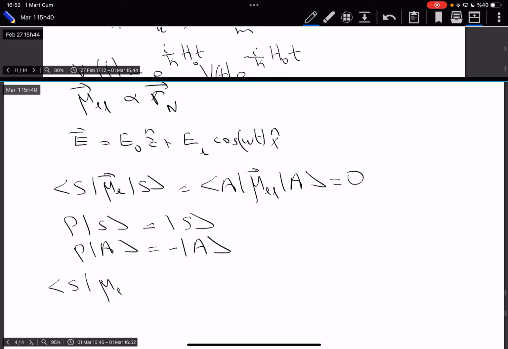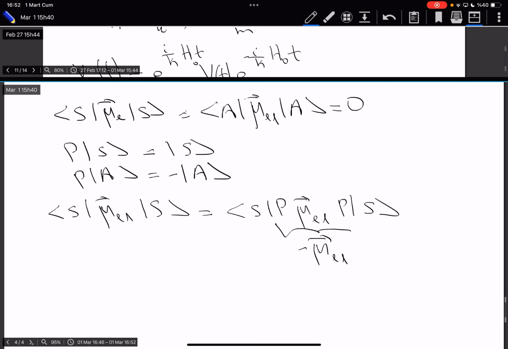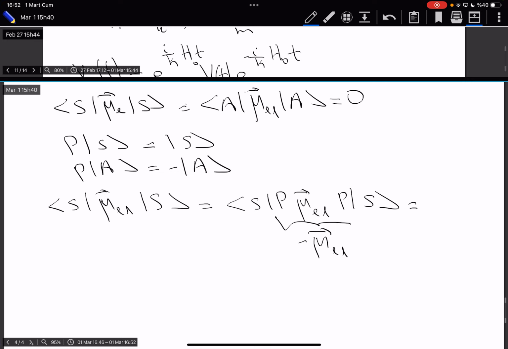So this one vanishes, basically because the symmetrical state doesn't change, and even if I do the same thing for the anti-symmetrical state, it's the same because I get -1 squared. But this one is minus the electric dipole moment. So a number that is minus the same number is basically 0.